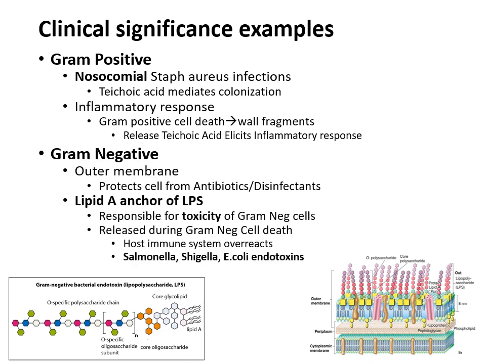You then have the gram-negatives. The clinical examples for gram-negatives is that, first of all, that outer membrane that they have makes them, like I said, more resistant, which means that it's going to help protect them from antibiotics and disinfectants that you may use to try and clean areas or treat patients.